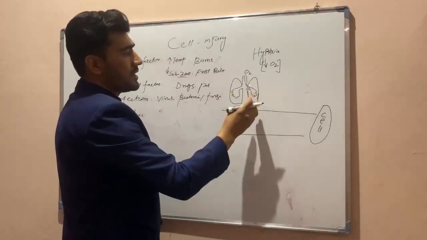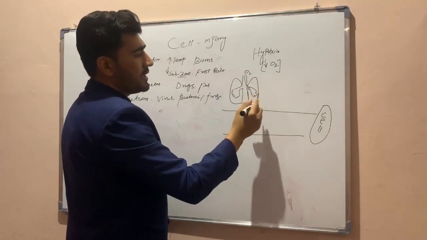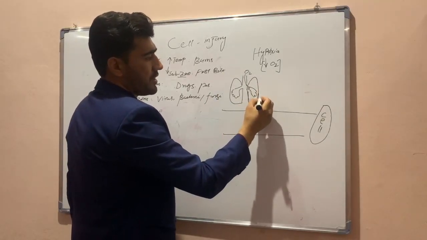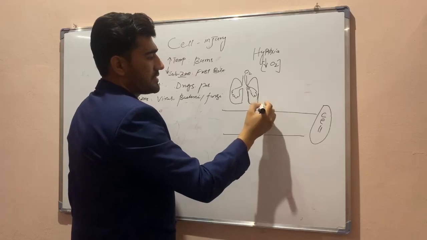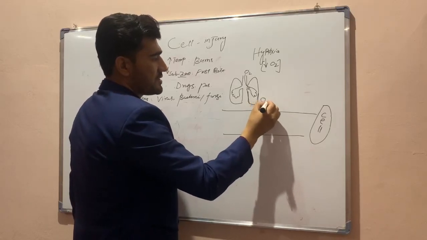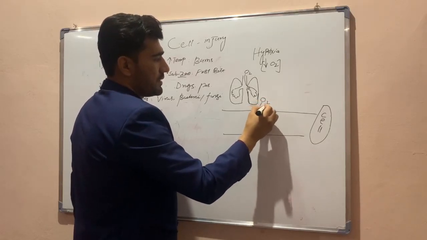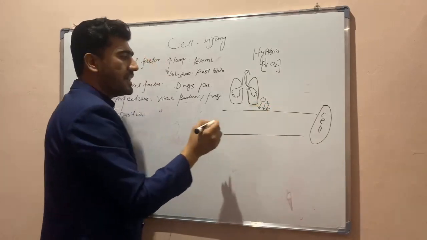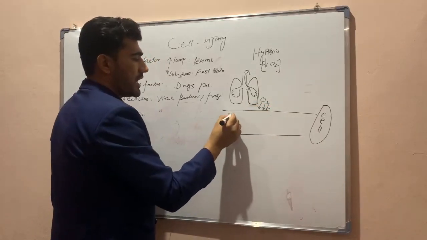Whenever oxygen comes to the alveoli, from the partial pressure of the oxygen it is diffused to the blood, and in the blood there is hemoglobin.